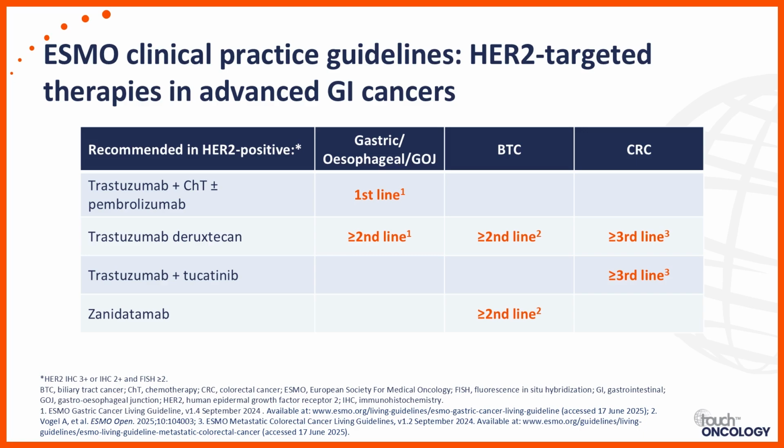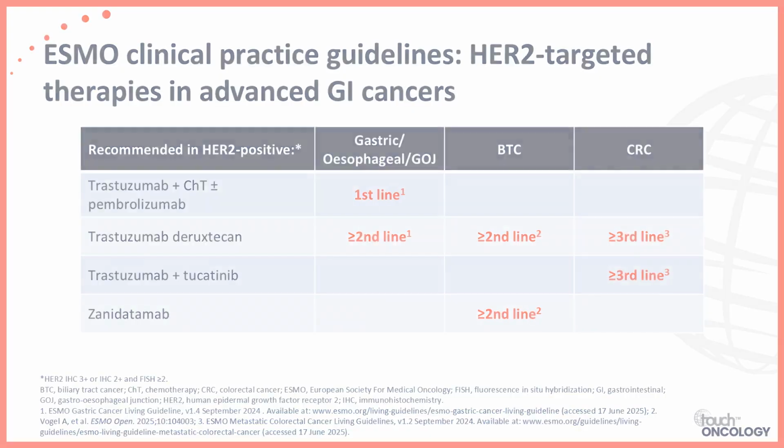But we also have options in biliary tract cancer, trastuzumab deruxtecan, or also zanidatamab. And colorectal cancer is an emerging field. Not so many patients present here with overexpression of HER2, but if you find it, you have very valid options for that.